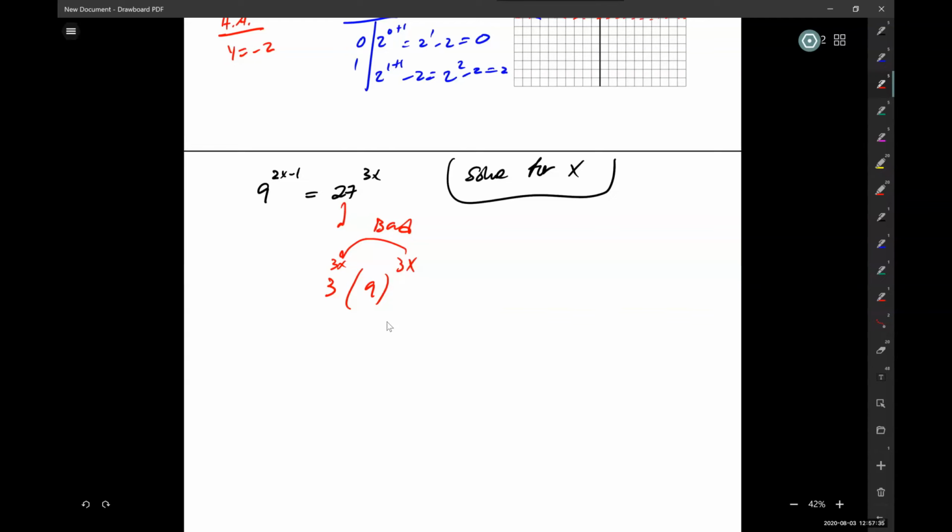The only thing we can do is break this up as powers of the same number. Knowing our squares and our cubes, we know that 9 can be written as 3 squared, to the 2x minus 1, and 27 can be written as 3 cubed, to the 3x.